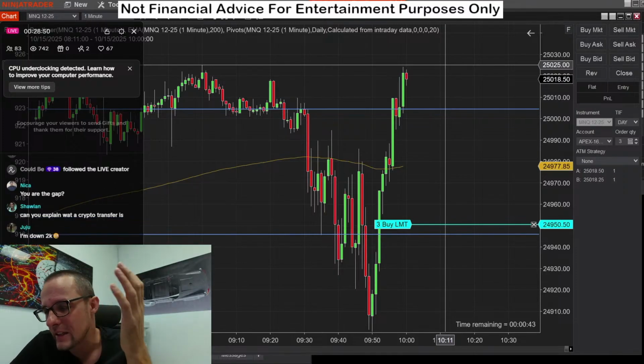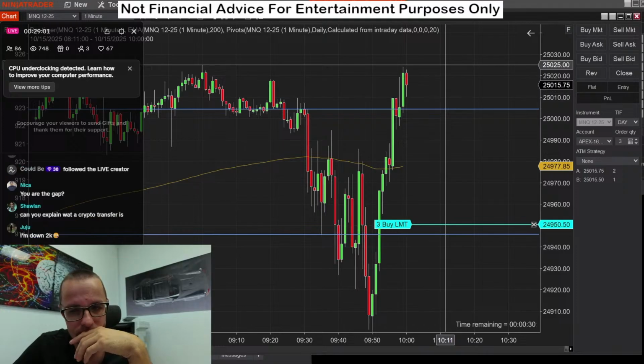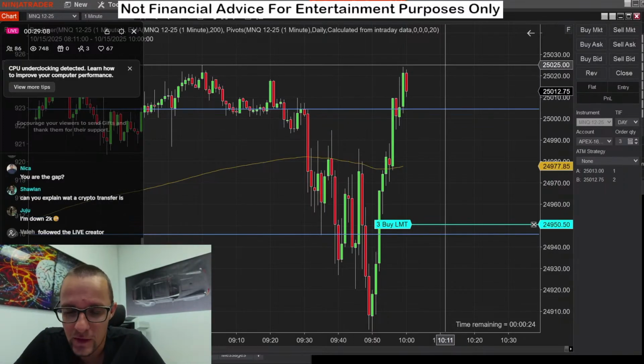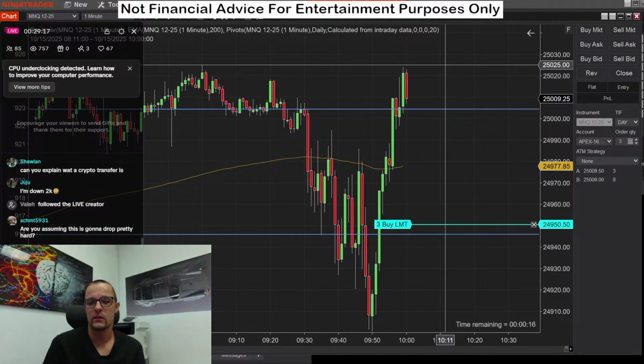You don't see good setups like this all the time. I'm down 2K. Make sure to have your stop in, because this thing could rip through the highs, so have your invalidation point in.